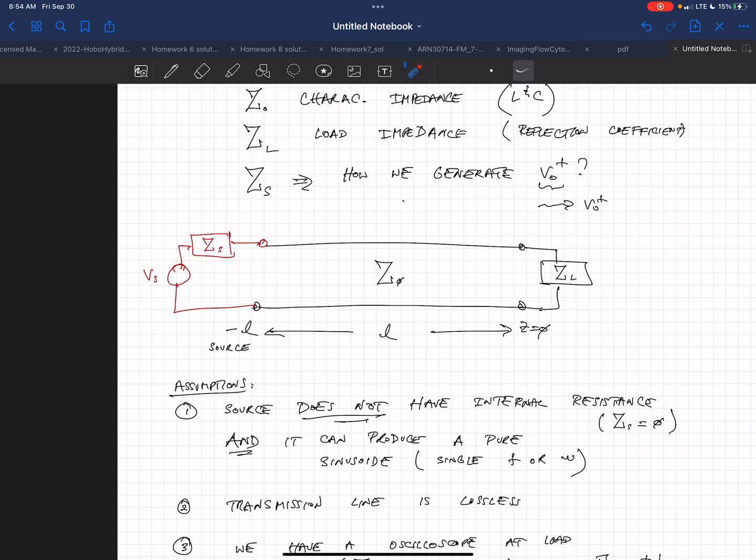We have the transmission line itself, which has some characteristic impedance and some length. And then we have the load that has some load impedance. So this is a very general case, and we're seeing how you would analyze it.